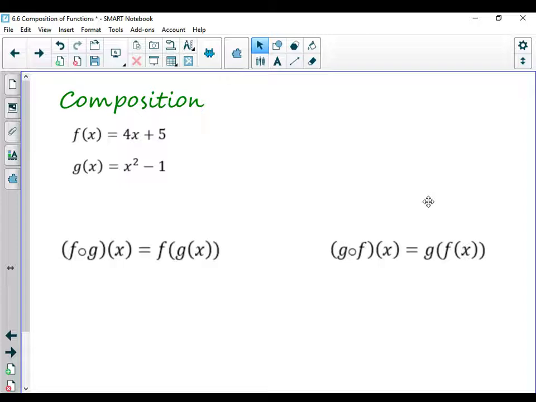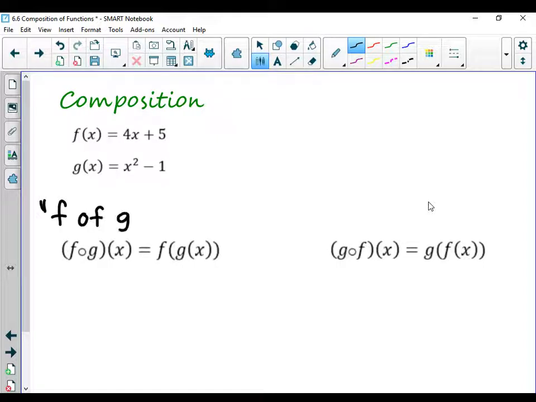All right, so what that means, and you will say it as f of g of x. So if you look at this right here, g of x is literally inside of f. The g of x equation is inside of f. So this is what I mean for my visual people out there.